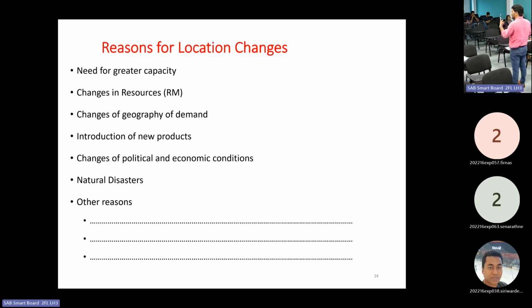There are two main approaches: the cost aspect, mainly applicable for manufacturing firms, and the revenue aspect, mainly applicable for service firms. And they are used interchangeably. For example, garment factories are a manufacturing industry, so they are located in countries where they can get the operations done at low cost.